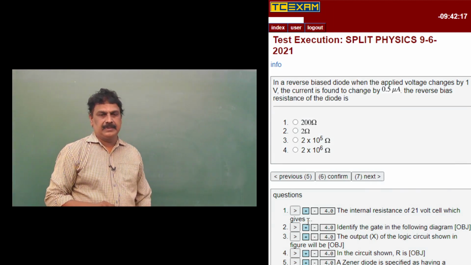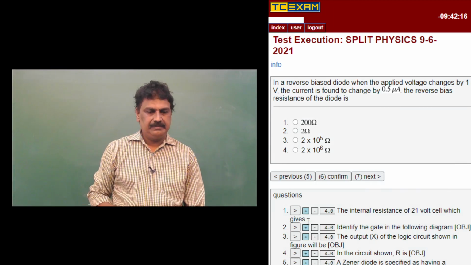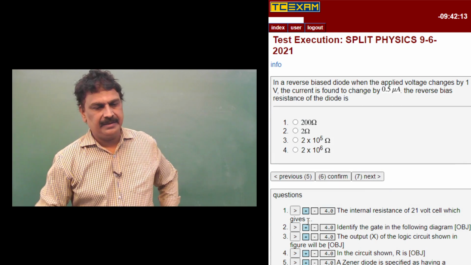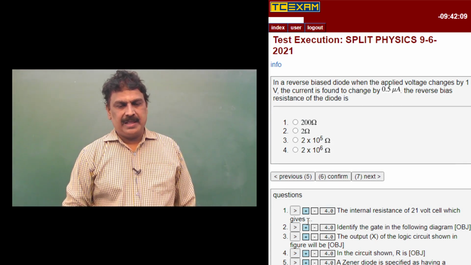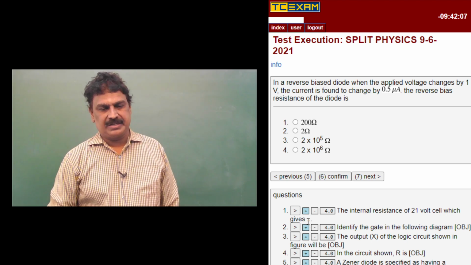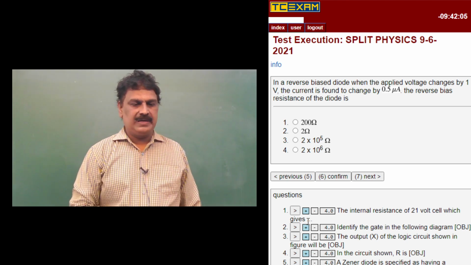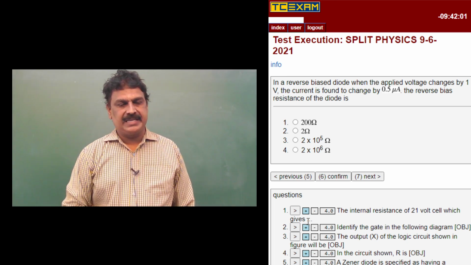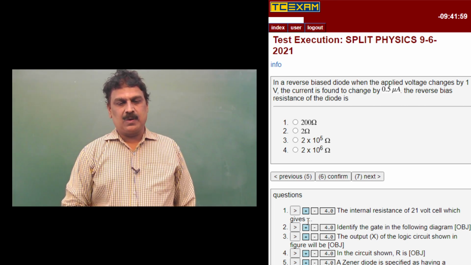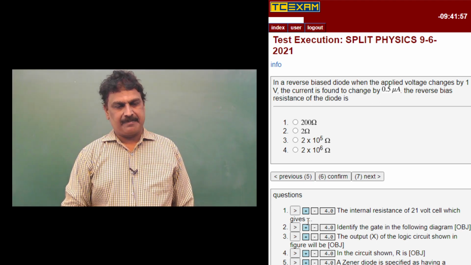Now, the next question: in a reverse biased diode, when the applied voltage changes by 1 volt, the current is found to change by 0.5 microampere.